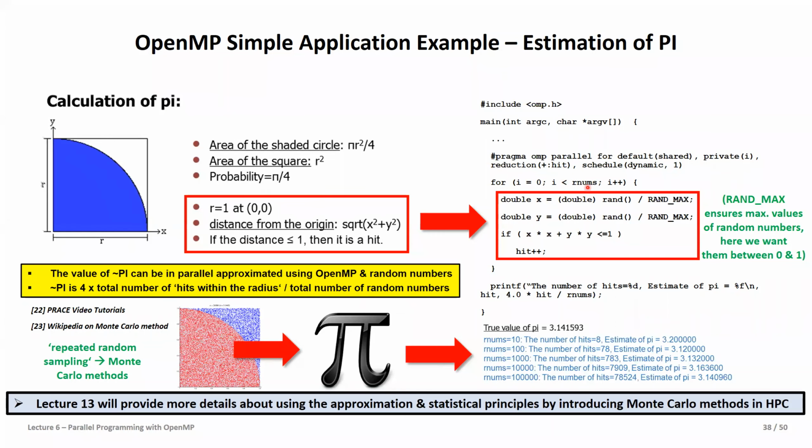All that counts is that this rnums should be increasingly very many. The more you have here, of course, enables us to specify more threads, and with this we can parallelize more. Of course, you ensure here with RAND_MAX that we only want values between 0 and 1, right? So that you don't end up with something that needs normalizing, and so that you're not very much off the square all the time.